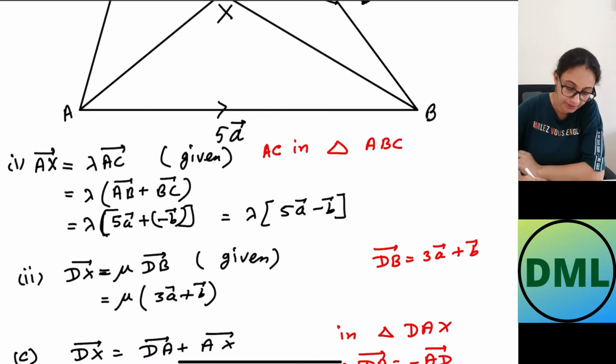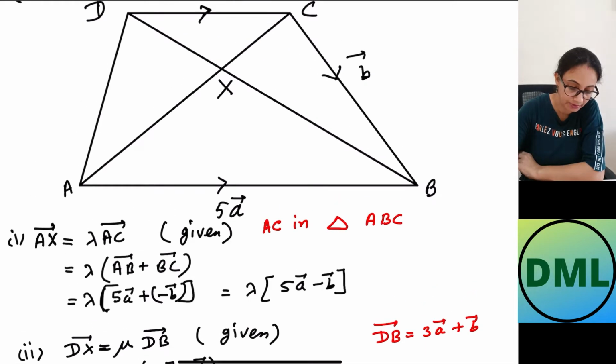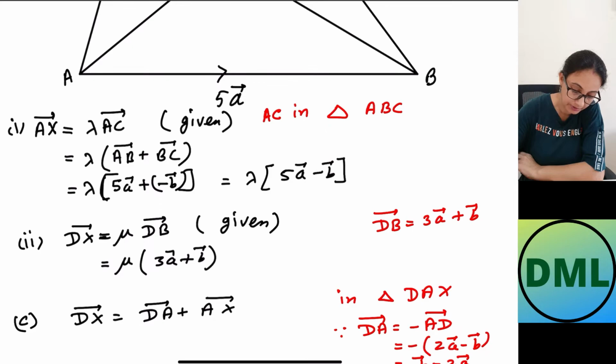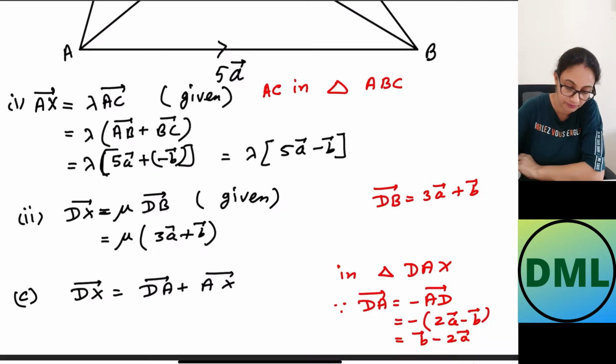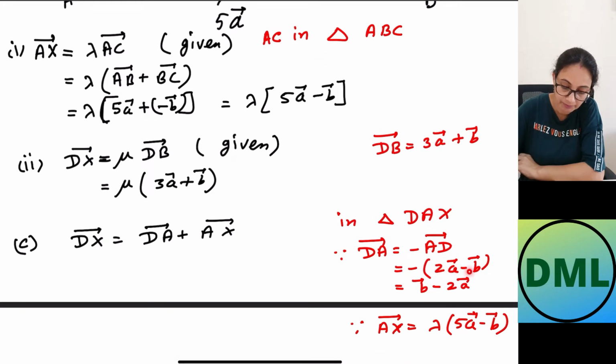So I will follow the triangle DAX. Let's substitute the value here: DA plus AX. DA, as you know, I am going opposite to that vector, so it will be written as minus AD vector. The AD vector we already figured out earlier, that will be 2a minus b.